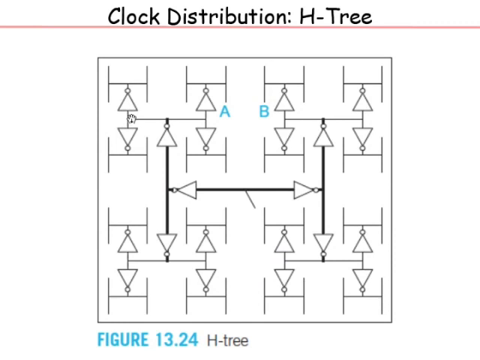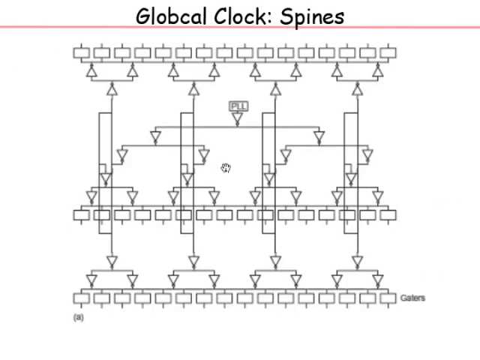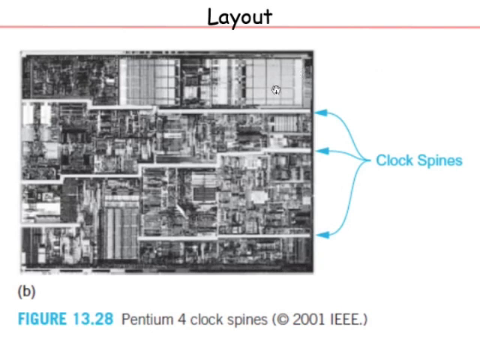It comes all the way to this region, and once it gets to this region, there is a local distribution out here, which in this case happens to be like an H tree. From here again there are some buffers which drive the clock to the local regions. So global clock and then local clock.